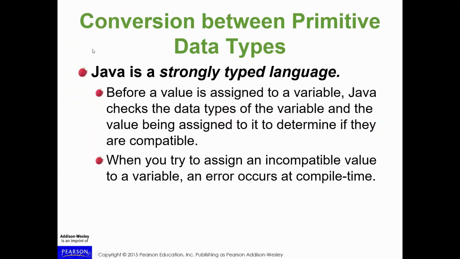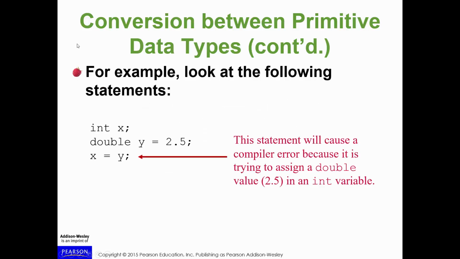All right. I've already mentioned that Java is a strongly typed language, but Java likes to work with apples and apples, not with apples and oranges. So if you try to make Java work with apples and oranges, typically it won't complain, but it'll convert something so that it's apples and apples and not apples and oranges. What does that mean?